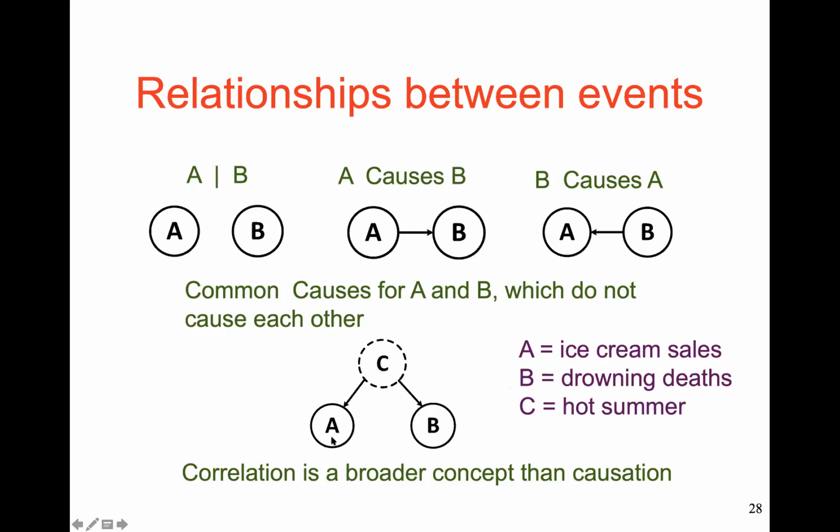It's not that eating more ice cream causes death, or death somehow influences ice cream sales. That's not the case. There is a hidden variable that is making A and B correlated, right? So there are these three cases. The correlation is a broader concept than causation, in that this is causation, this is the opposite of causation, this is a hidden variable. And so all of them have correlation, but not causation.